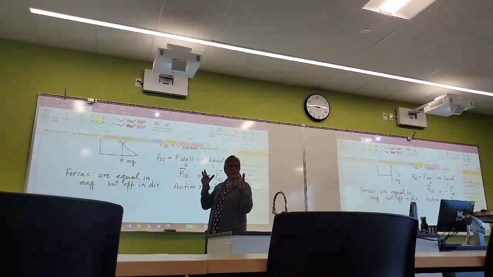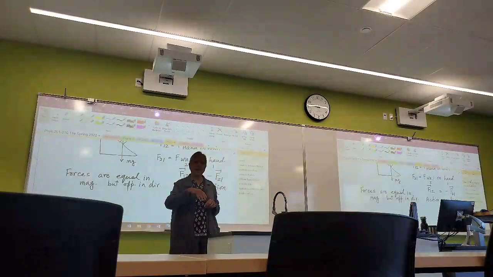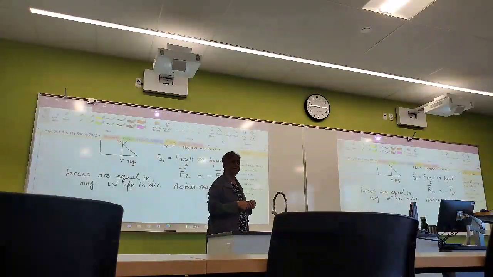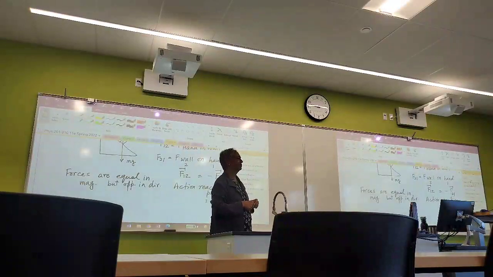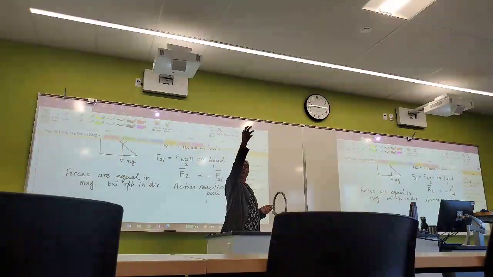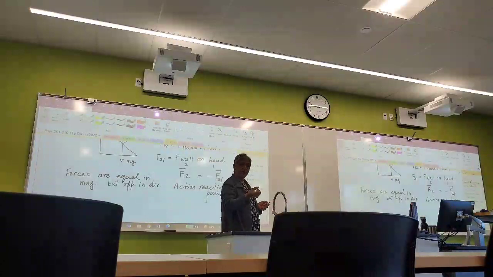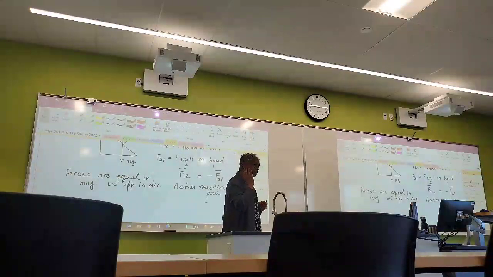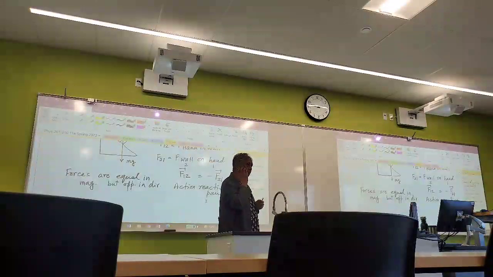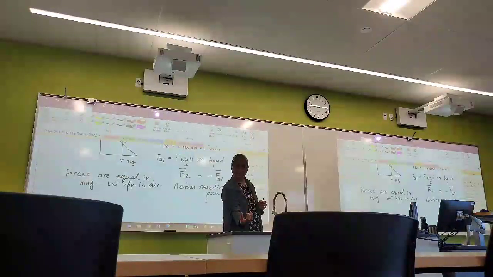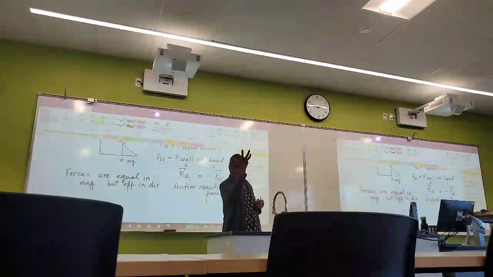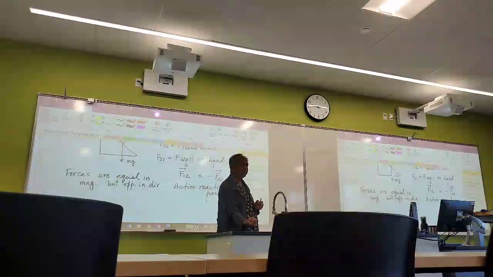Have you heard of Newton? They always show the picture of the apple, right? It's Newton's laws. So if the apple falls from the tree, is there a force on the apple? Yeah? mg? It's the pull of gravity which is bringing it down. Gravity is pulling it down.